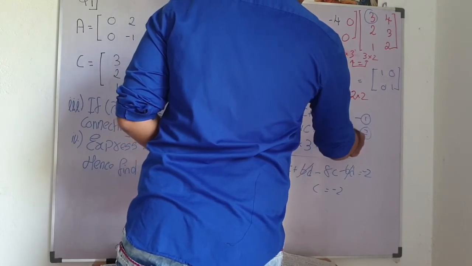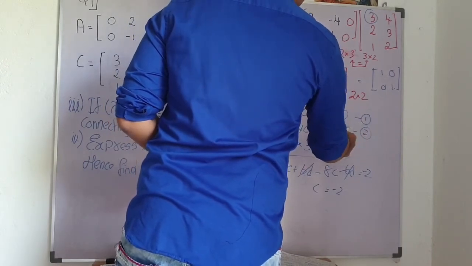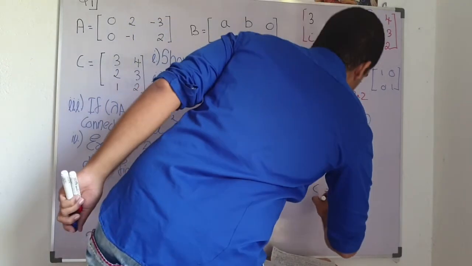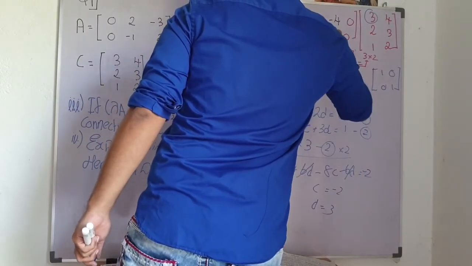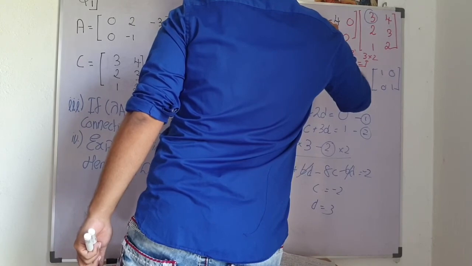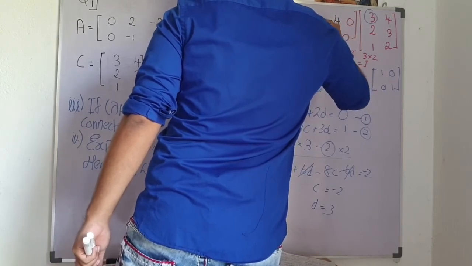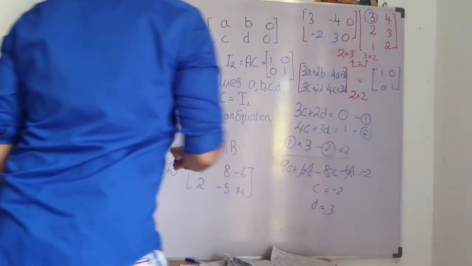So therefore, when this goes to this side, it will be plus 8. D is going to be equal to 3. And this will be equal to minus 2.